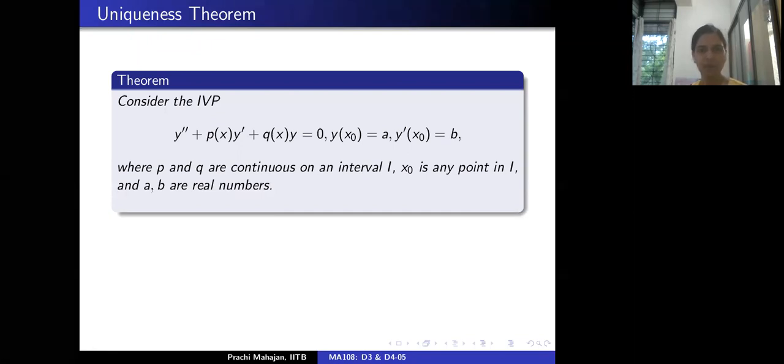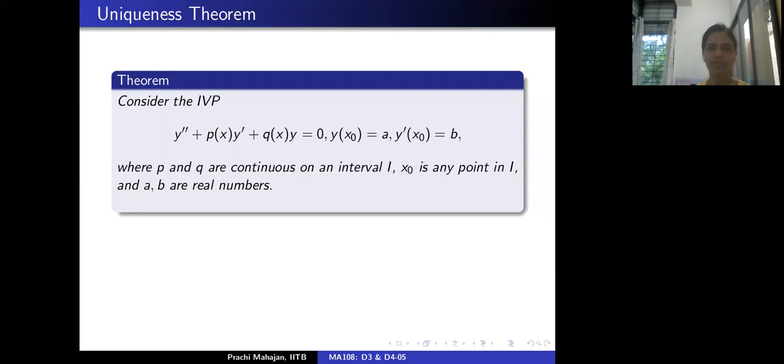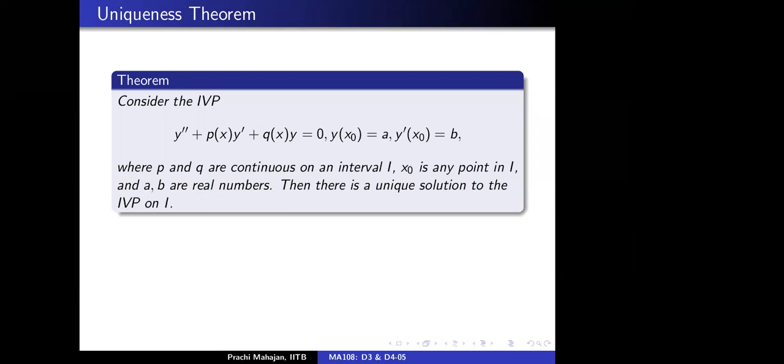We have a second order linear homogeneous ODE in standard format, which means that I have d square y by dx square plus p(x) dy by dx plus q(x) y equals 0, and initial conditions available at the data point x naught. y at x naught is a, and the derivative of y at the point x naught is b. Suppose that p and q are both continuous on an interval I containing the point x naught. Then for any real numbers a and b, there is a unique solution to this initial value problem throughout the interval I.